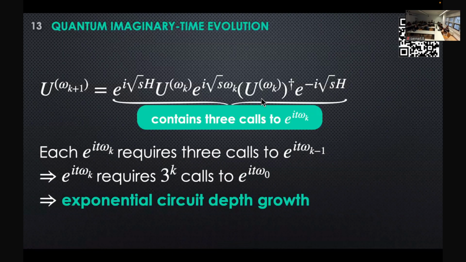Maybe lastly, you say that with exponential depth, you get an exponentially good approximation. Does that mean that with polynomial depth, you get a polynomially good approximation?